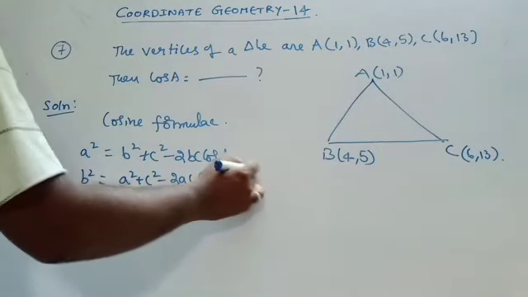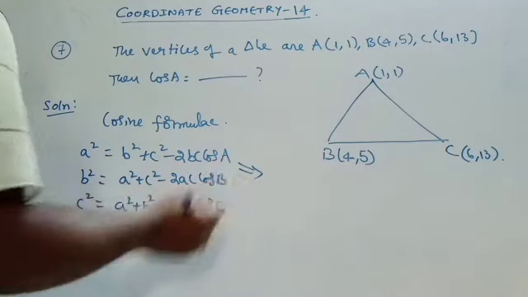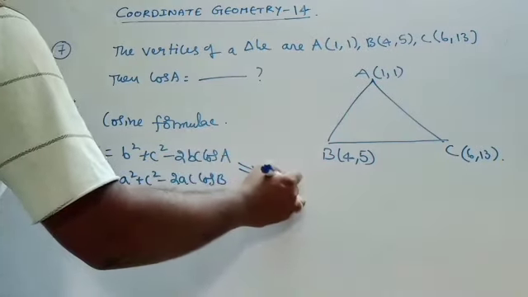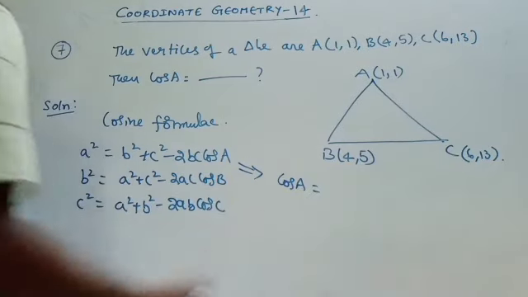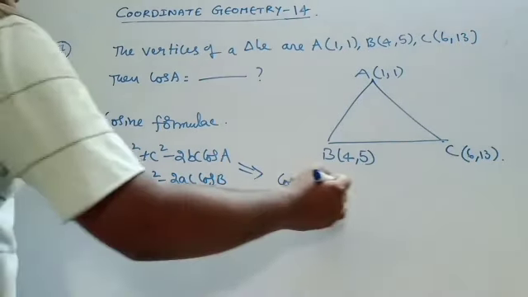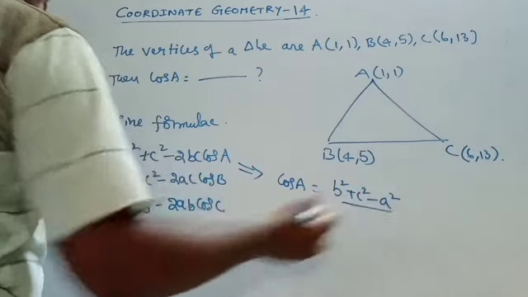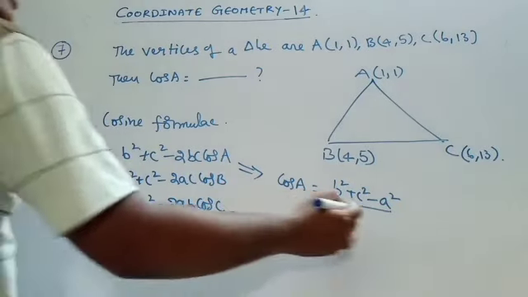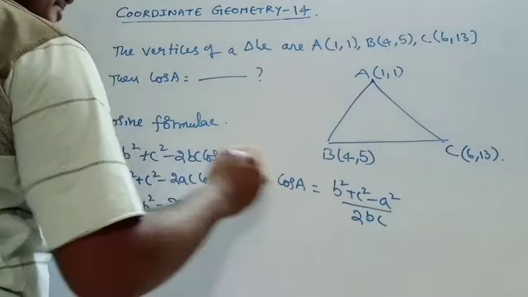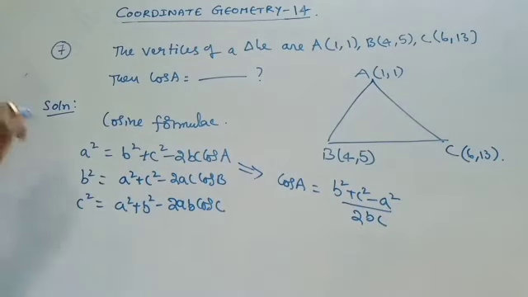From this, take the first formula and make cos A the subject. Cos A is nothing but b square plus c square minus a square, divided by 2bc. This is the formula you get if you make cos A the subject, right?